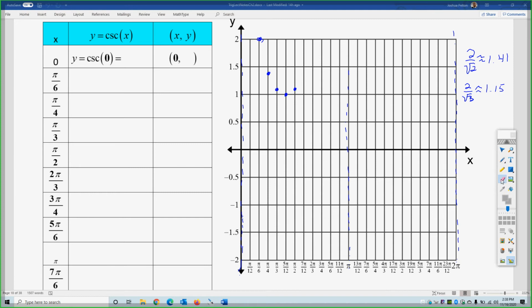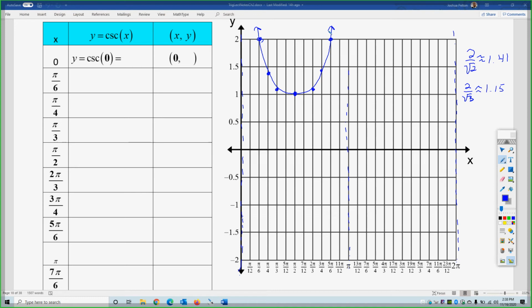That's why. So at pi over 2, I'm at 1. So that's right there. Okay, so then the 2 pi over 3, that's right there. And then 3 pi over 4, and then the 5 pi over 6. Okay, so that concludes the first and second quadrant.